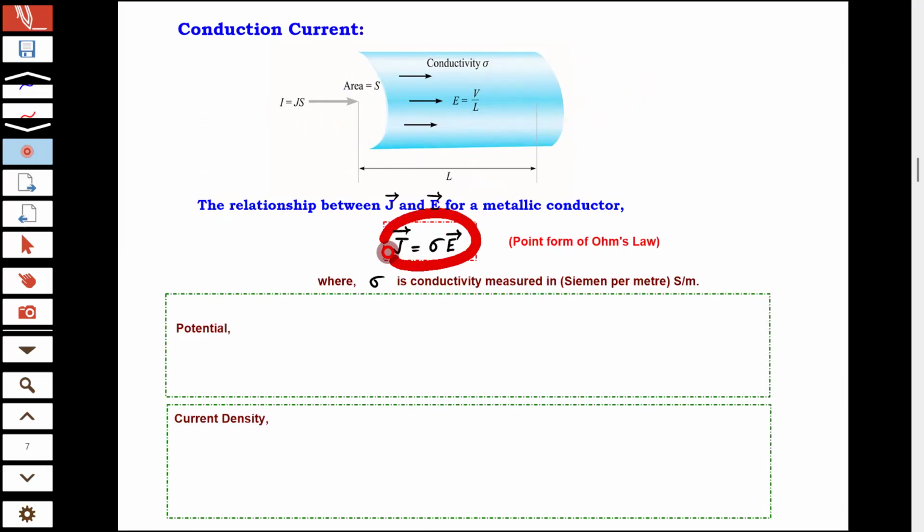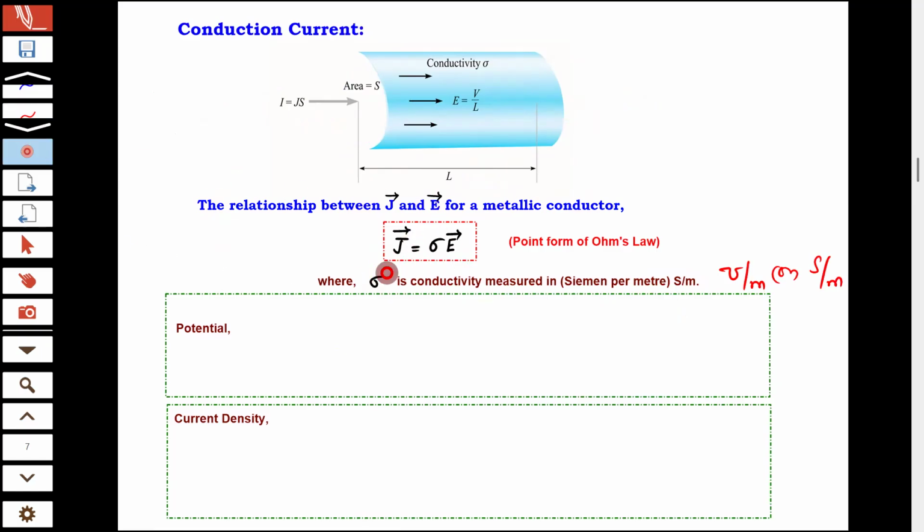That is, J vector is equal to sigma times E, where this sigma is the conductivity of the material through which the electrons or charges are flowing, which is given in the units of Siemens per meter, or you can also say mho per meter.